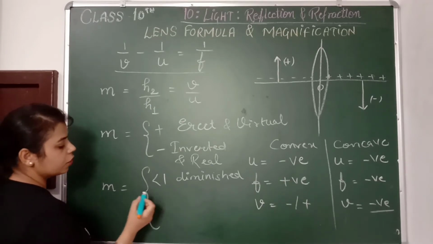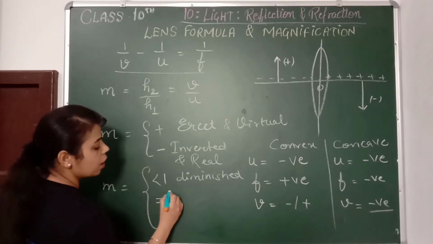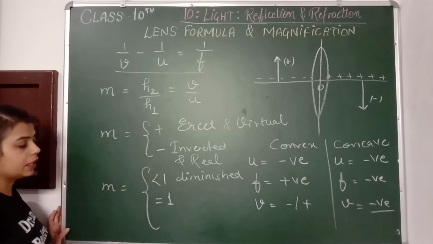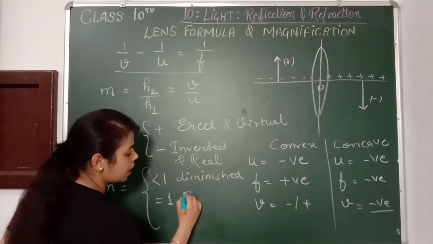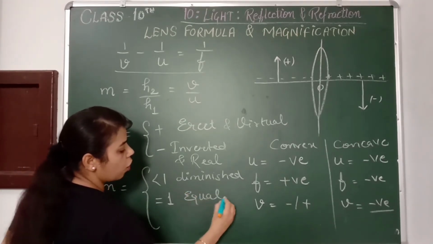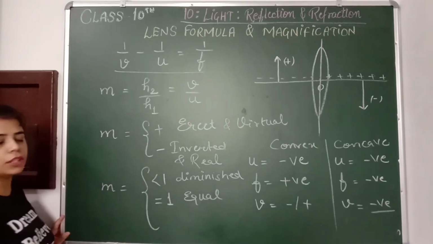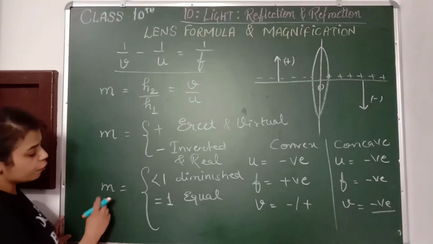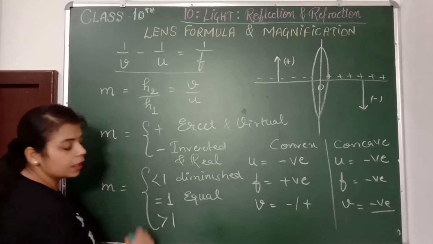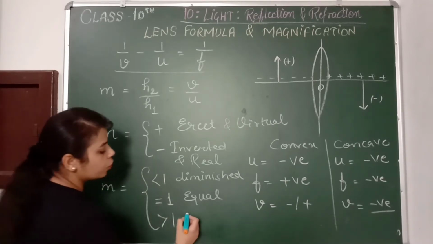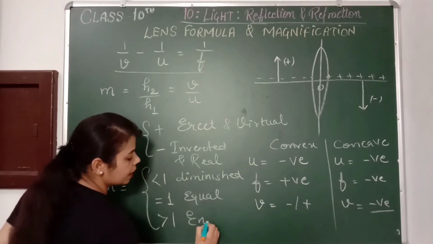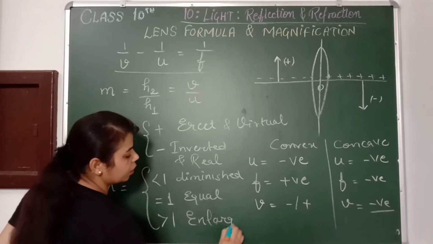And if the magnitude of magnification is equal to 1, then it would mean the size of image is equal to the size of object. Object and image would be of same size. If magnification comes out to be greater than 1, then it would mean the image formed is enlarged as compared to object.